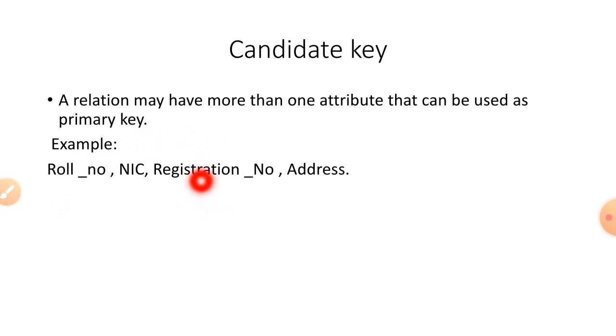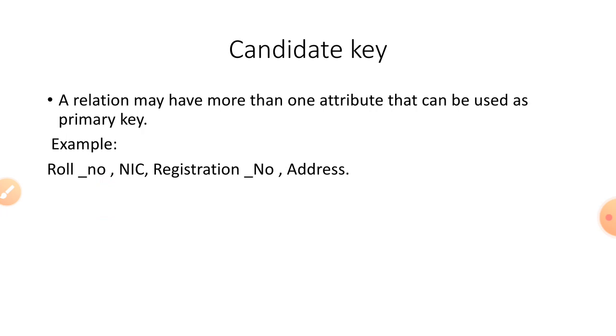According to the rule of applying a primary key, we just have to apply it on one attribute, but right now we have 3 different attributes that can be used as primary key. We have to consider all of these attributes as candidate keys.